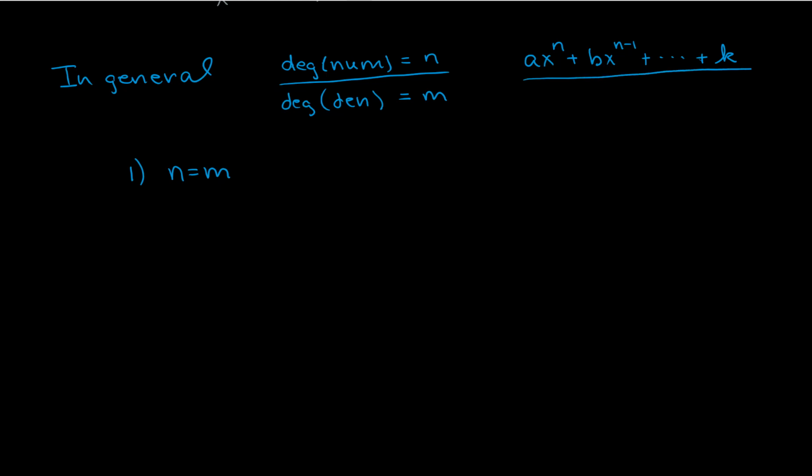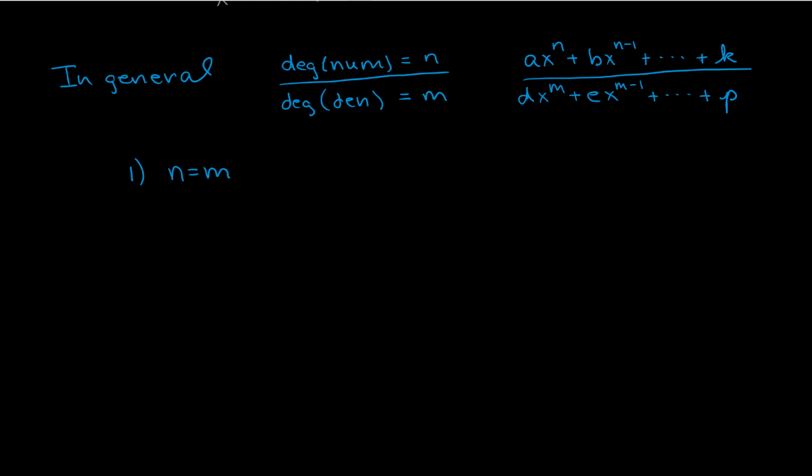Now let's say we have something like dx to the m plus ex to the m minus 1. So we're just lining things up so that the exponents decrease one step at a time. So x cubed, x squared, x, and then just a constant. Let's call this p. Okay.